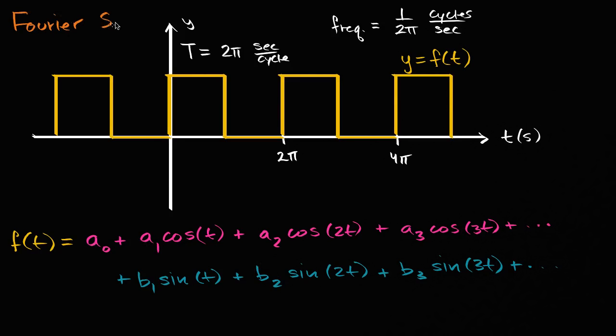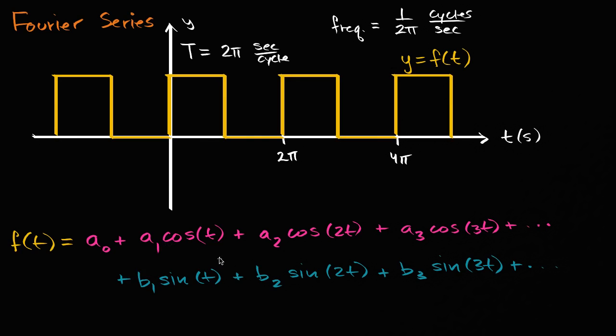They were interesting to him in the study of differential equations, because a lot of differential equations are easy to solve when you involve sines and cosines, but not as obvious to solve when you have more general functions, like maybe a square wave here. But if you could represent that square wave as sums of sines and cosines, then all of a sudden you might be able to find more general solutions to your differential equations.